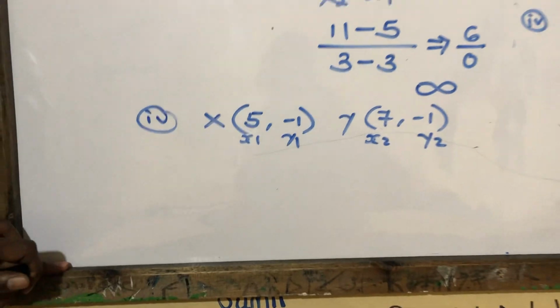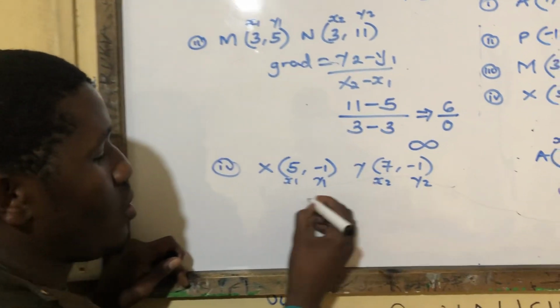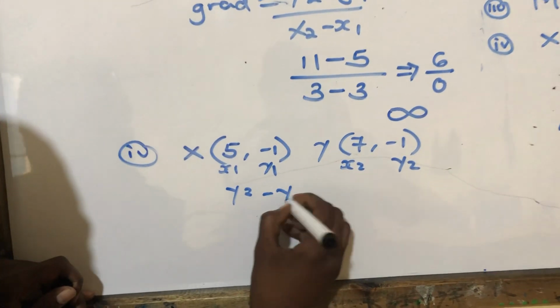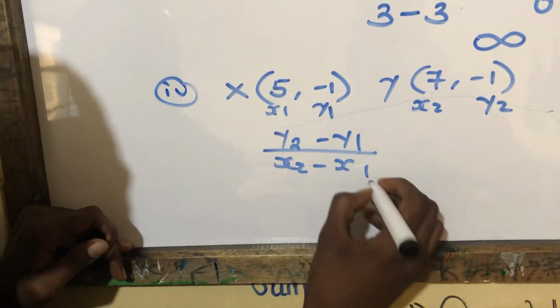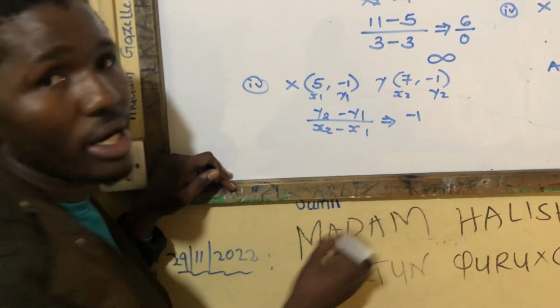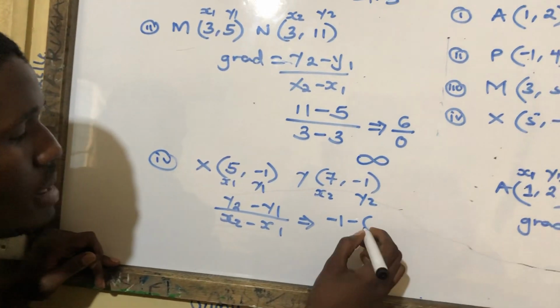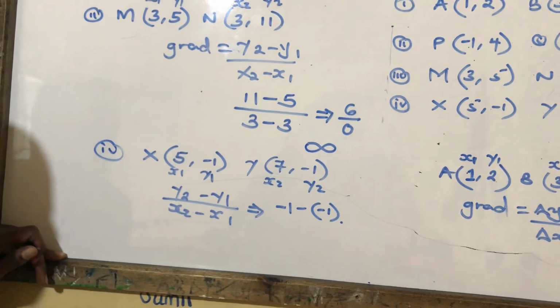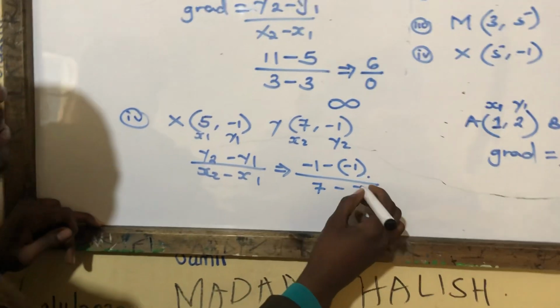How do you find gradient? y2 minus y1 all over x2 minus x1. What is our y2 in this case? -1, which we will minus from another -1. I'll put this one here over 7 minus 5.